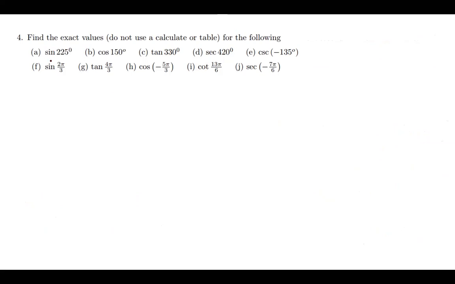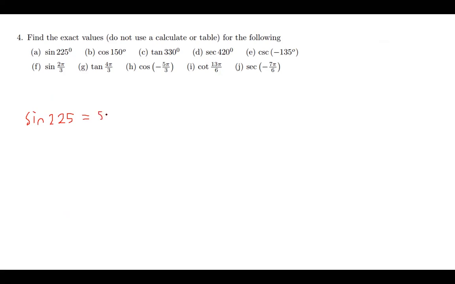When you have sine 225, these are also compound angles. So you find two special angles that you can add to get 225.